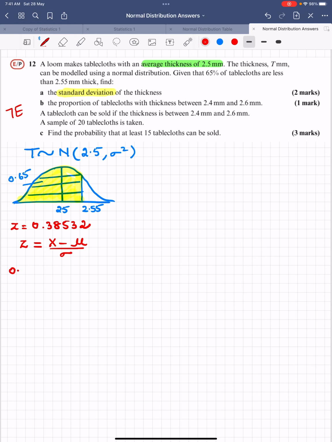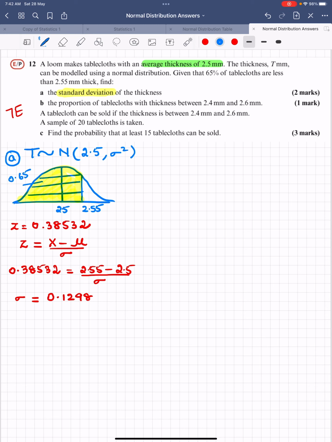So 0.38532 is equal to 2.55 minus 2.5 divided by the standard deviation. We can work out the value of standard deviation, and we get the answer as 0.1298, and that answers part A of the question.